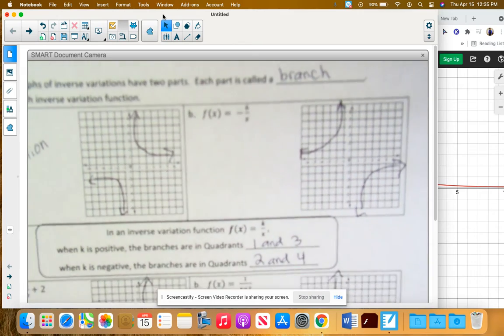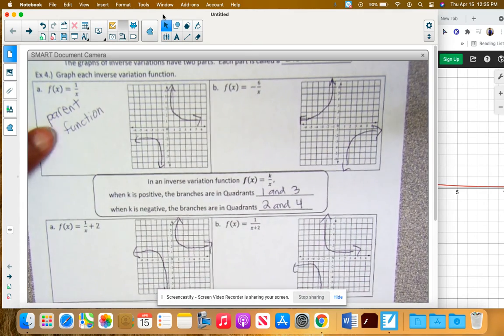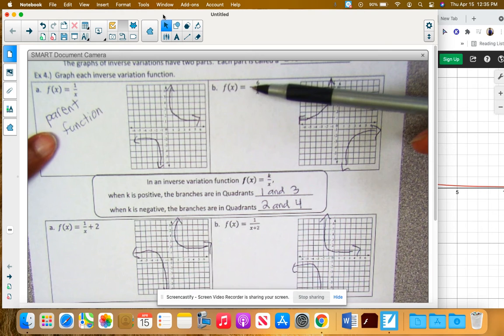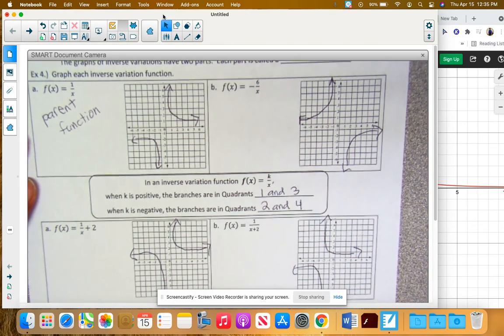I also want to compare all 4 of these together based off of my parent graph. So this is my parent graph, 1 divided by x. That's the most basic one. Two things happen with this negative and with the +6 here. The negative on the outside reflected it over the x-axis.